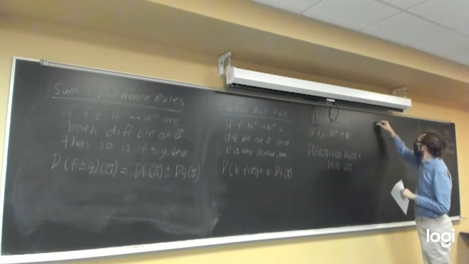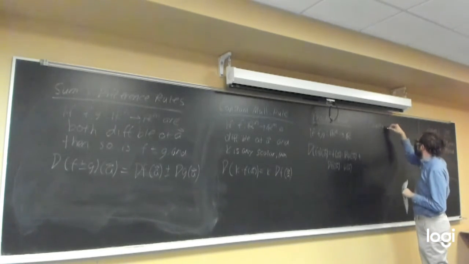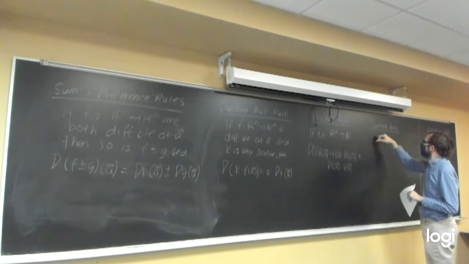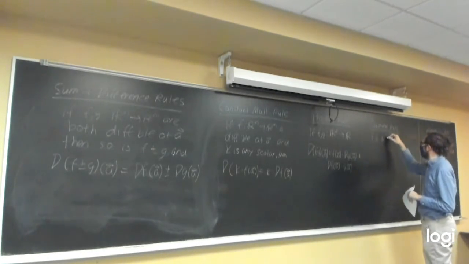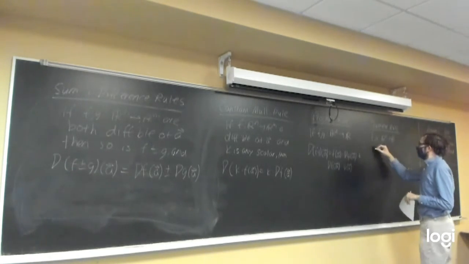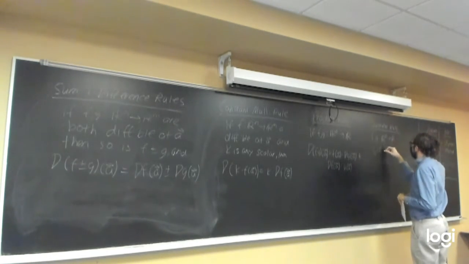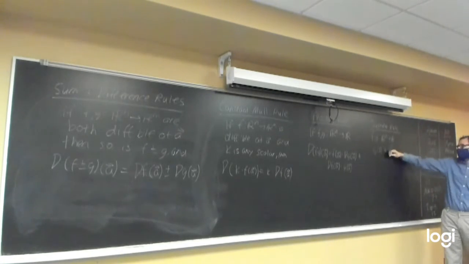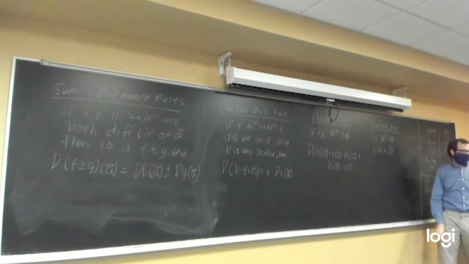And similarly, for the quotient rule, again, if we have two functions, f and g, going from Rn to R, where g of A is not 0, the outputs are scalar, so just the plain old 0.